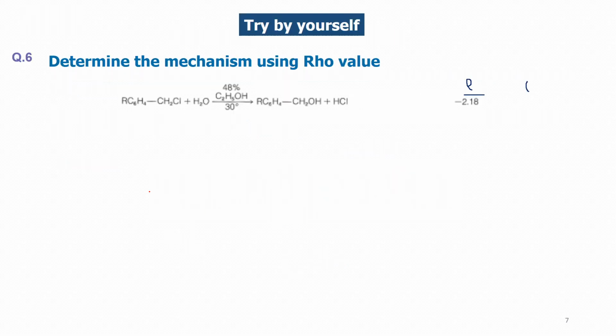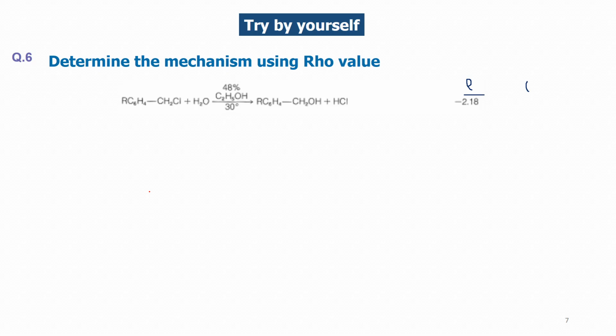Then, based on the Hammett equation, we solved some problems, like how, just by getting the rho value, we can determine the mechanism of a reaction. The rho value can be determined by finding the rate constant of a reaction and putting it in the Hammett equation, log k by k0 equal to rho sigma.